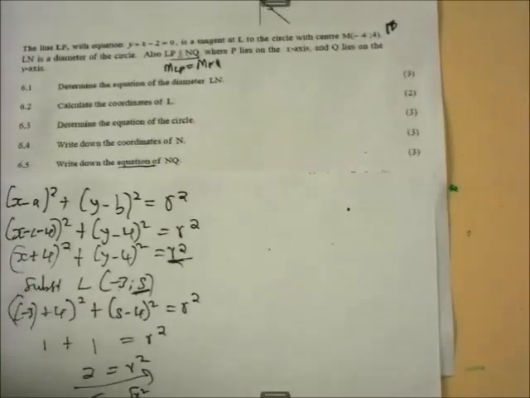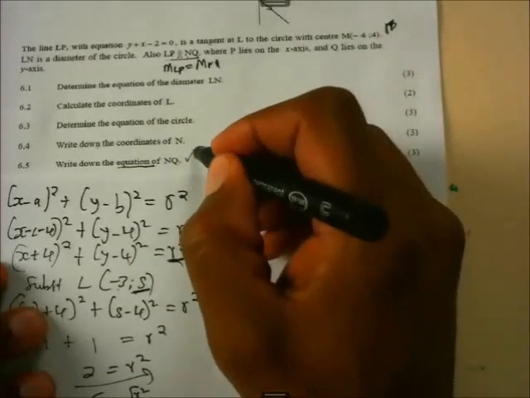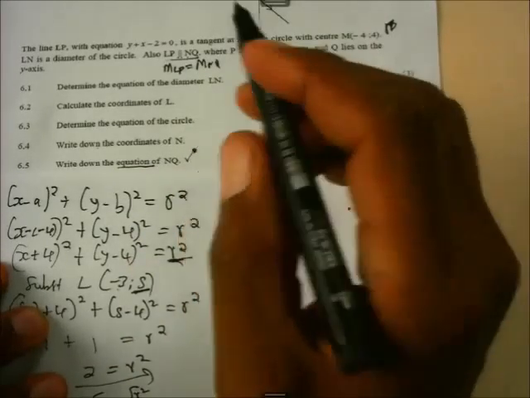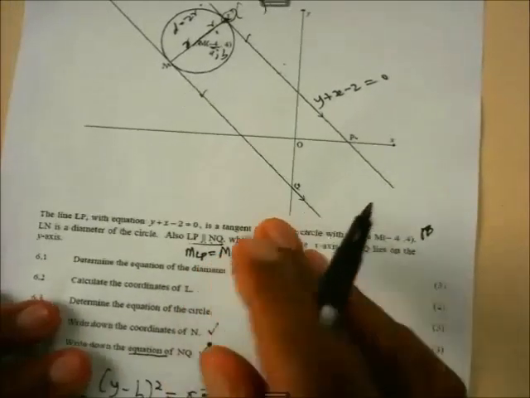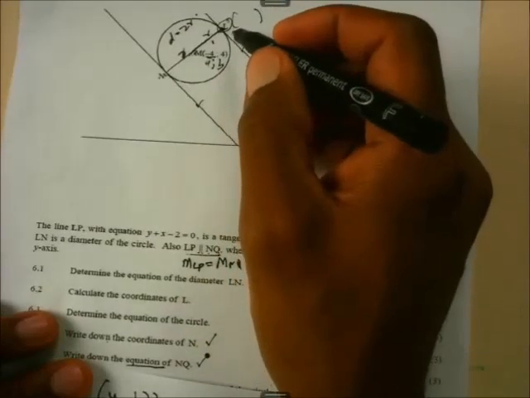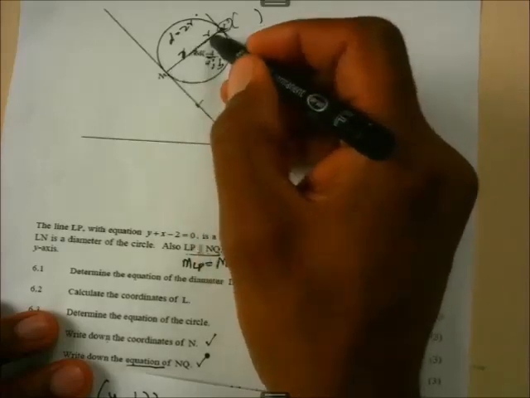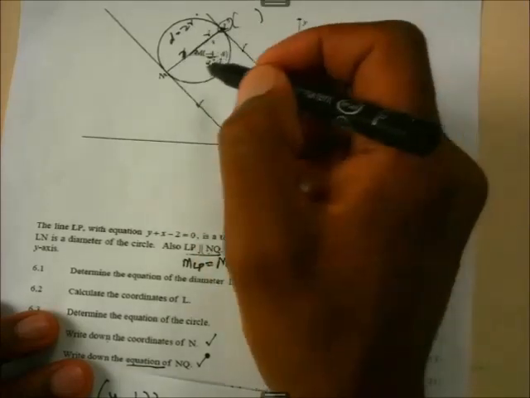Right, boys and girls, you can just see, once you are able to have this, this is the equation of a straight line, of course, the grade 11's work. The coordinates of N, of course, if you understand the midpoint, then it will be easier for you to solve this one. Because you need what? You need to understand that the diameter is R1 plus R2, which is 2R.